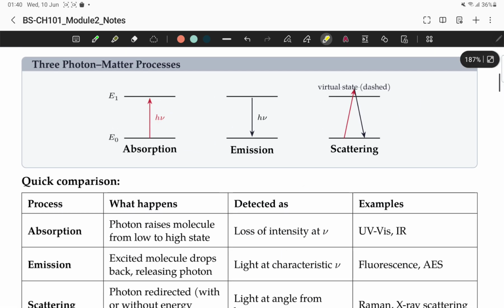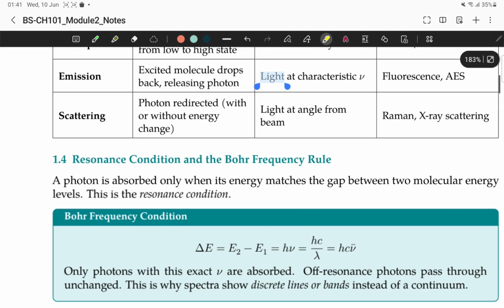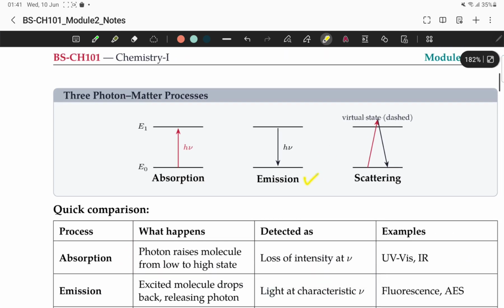In absorption, a molecule absorbs a certain amount of energy from a photon and moves to its next state. What is emission? A molecule already in some excited energy level loses its energy and comes back to its ground state, or the lower level, and that is called emission.